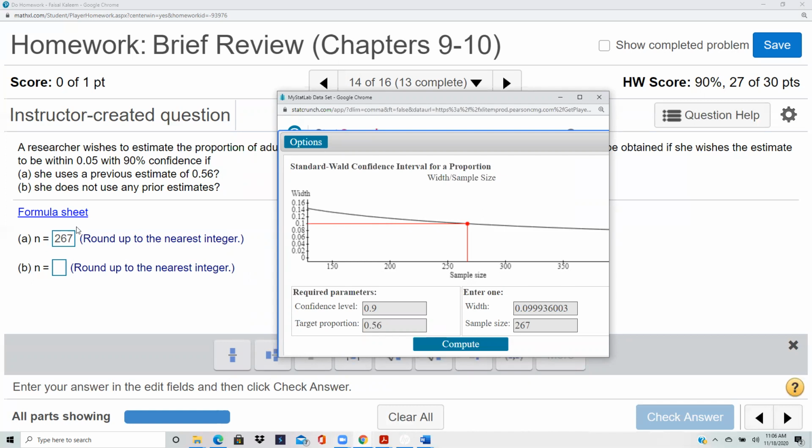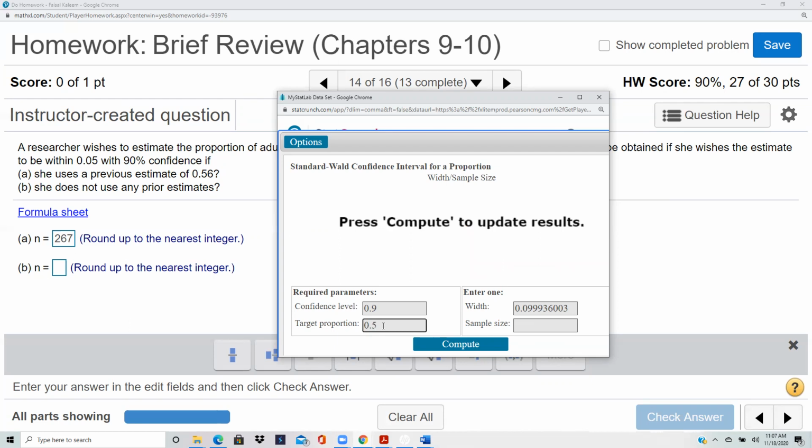So you get 267. Now what do I do for part B? It says she does not use any prior estimates. If you don't have any prior estimate, then the default target proportion is 0.5, because that's a fair assumption that you are 50-50.